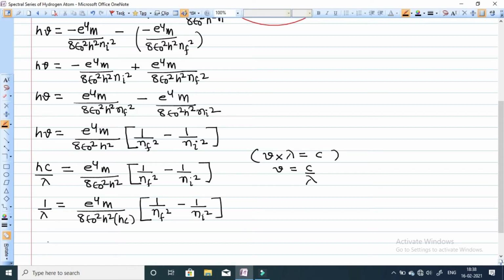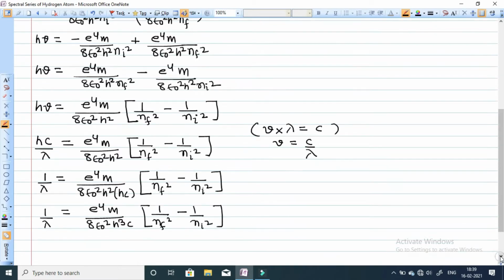After solving this equation, 1 upon lambda is equal to e to the power 4 into m upon 8 into epsilon naught square, h square into h, it will become h cube into c. Inside this bracket we have 1 upon n final square minus 1 upon n initial square.